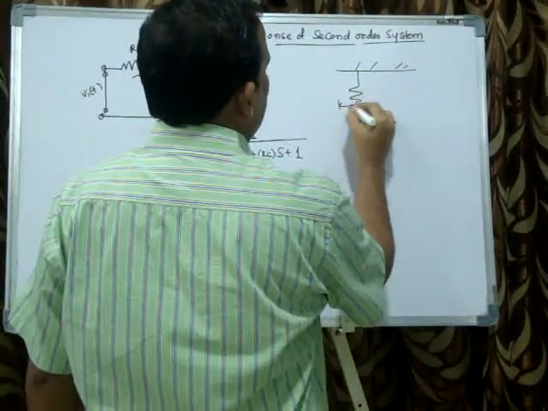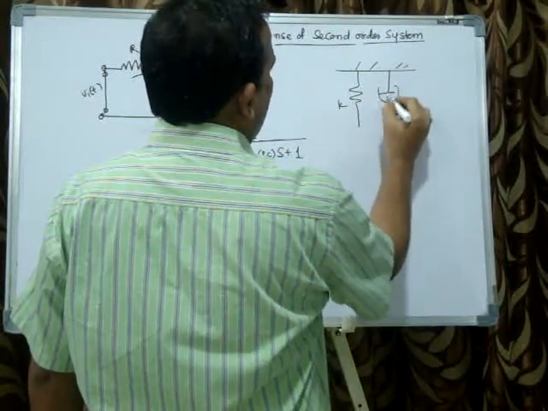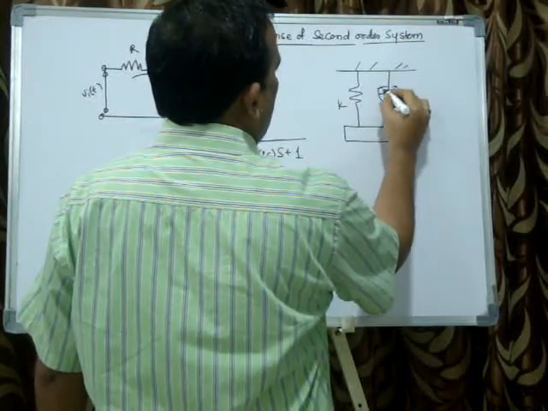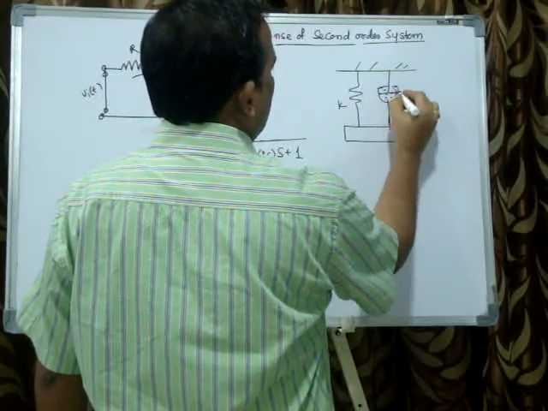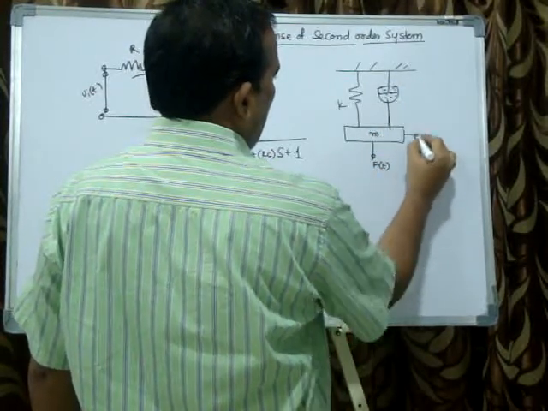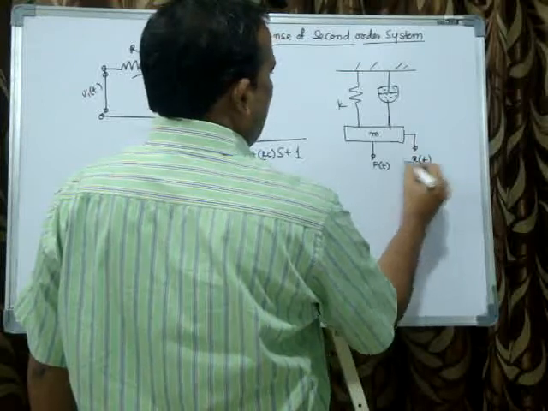this is a spring with stiffness k, and this is a damping coefficient, already I have covered. There is oil above and below, and here is the mass, where you are applying the force as input. The output is the displacement of the mass.